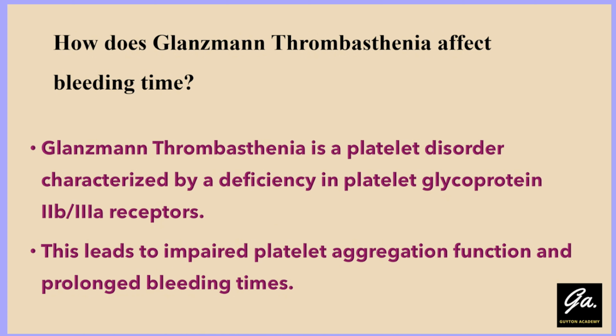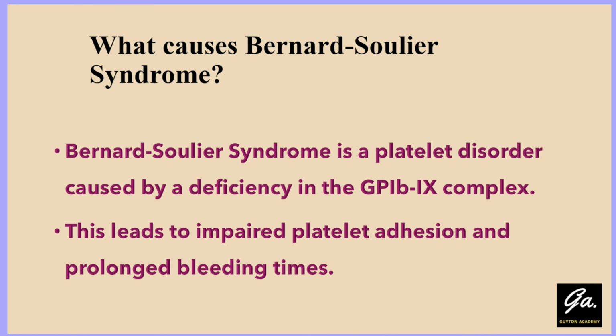Glanzmann thrombasthenia is a platelet disorder characterized by the deficiency of platelet glycoprotein IIb/IIIa receptors. This leads to impaired platelet aggregation function and prolonged bleeding time. What causes Bernard-Soulier syndrome? Bernard-Soulier syndrome is a platelet disorder caused by deficiency in the GP1b-IX-V complex. And again, it will lead to increased bleeding time.